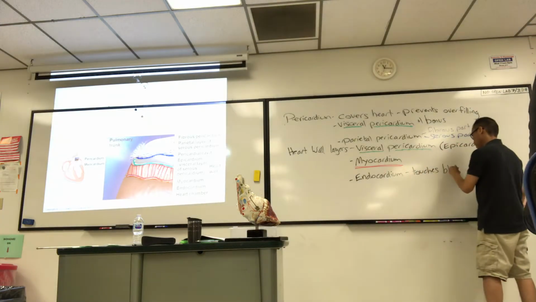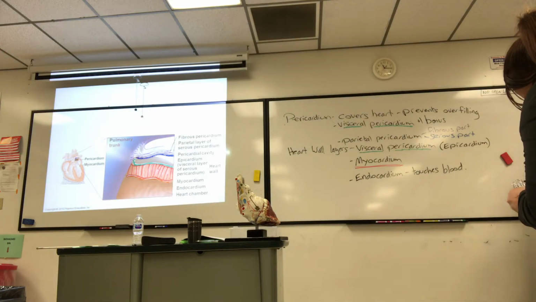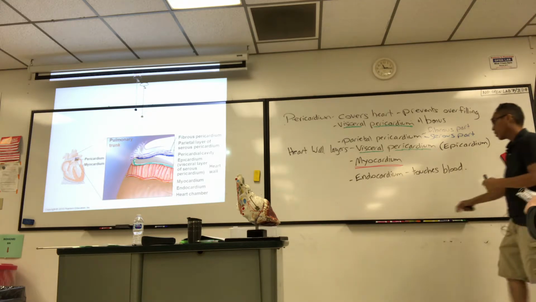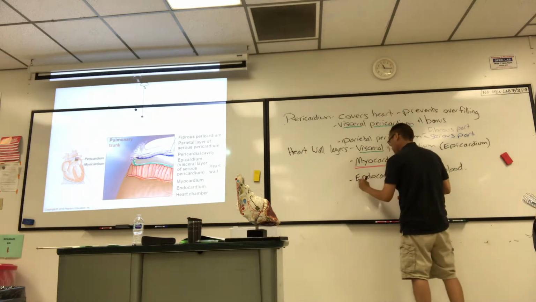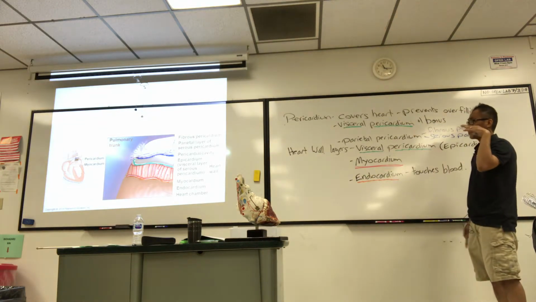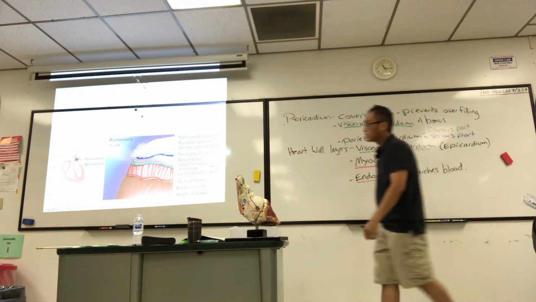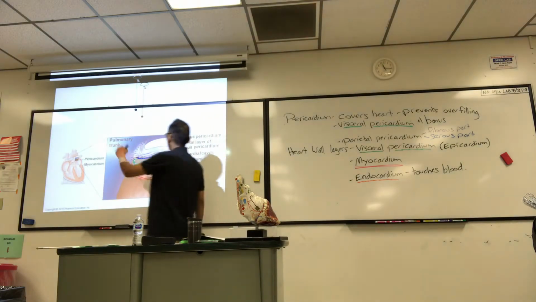It turns out because it's the innermost layer, it actually gets a lot of nutrition from the blood that's in the chambers. Okay? Anyways, I colored it that orangish color there. So know the layers, starting with pericardium, go all the way into endocardium. Move on.